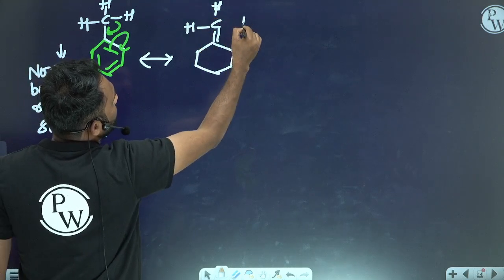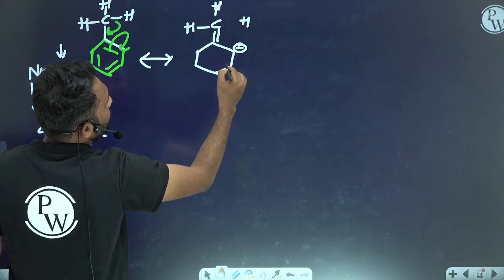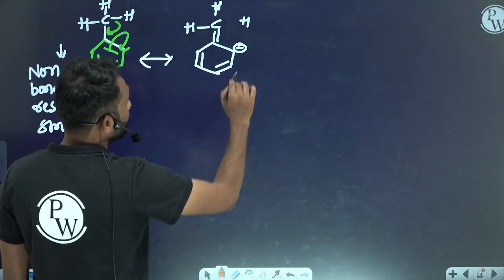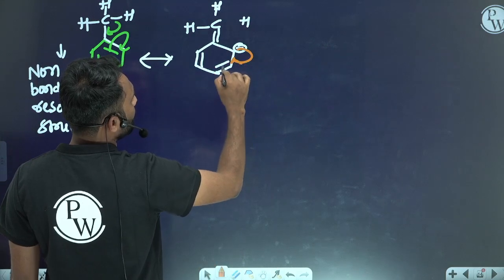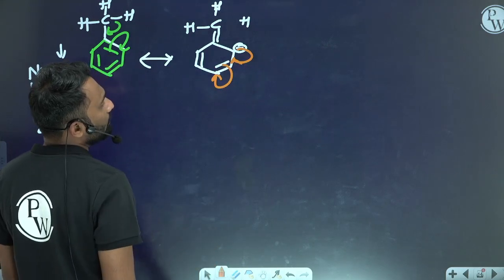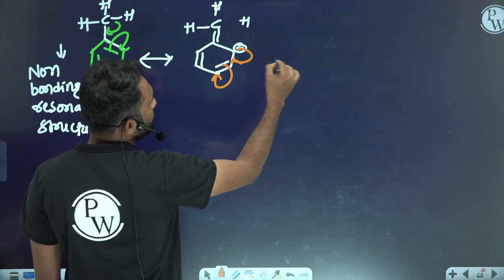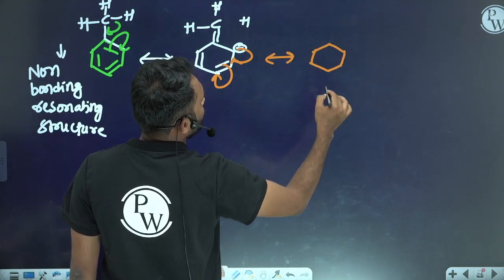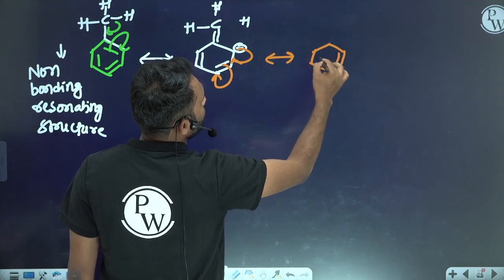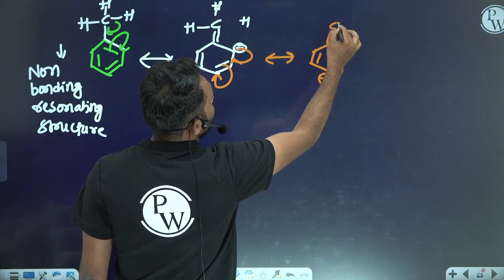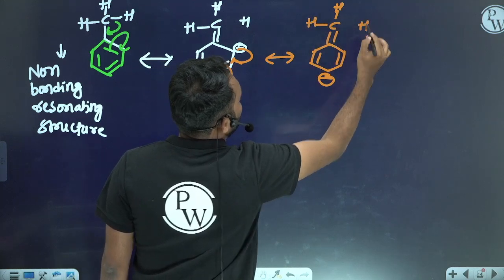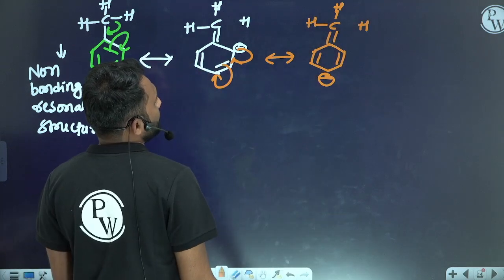Now here is H, and this is a negative charge. Clear? Now again this pi bond will be delocalized. Now the negative charge will be delocalized here and this pi bond to here. Now negative charge, positive, positive. Now double bond, C, H, H. This we call a non-bonding resonating structure.